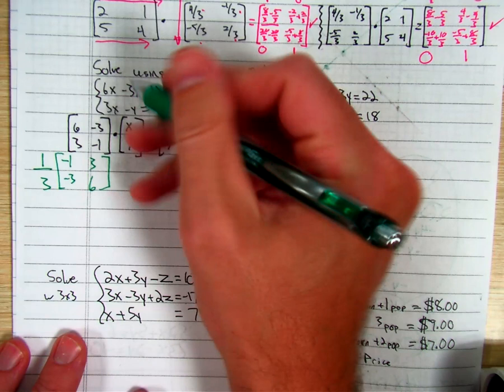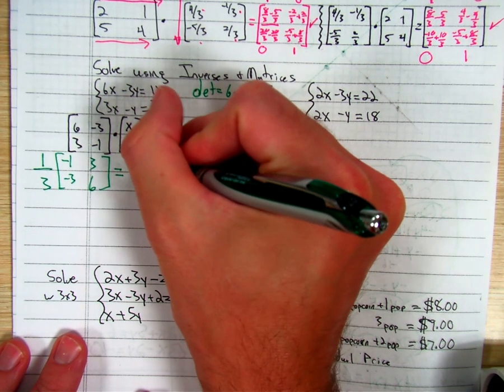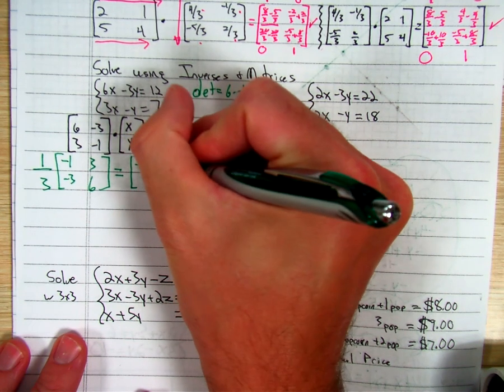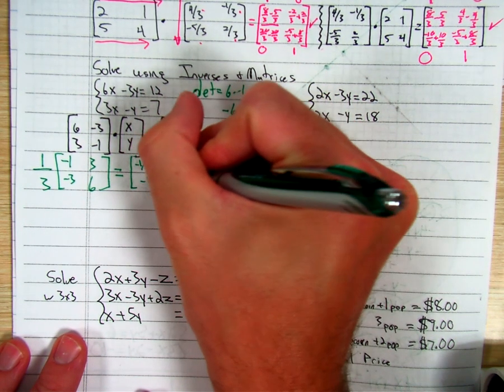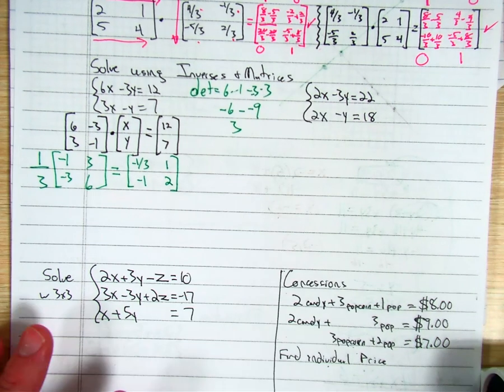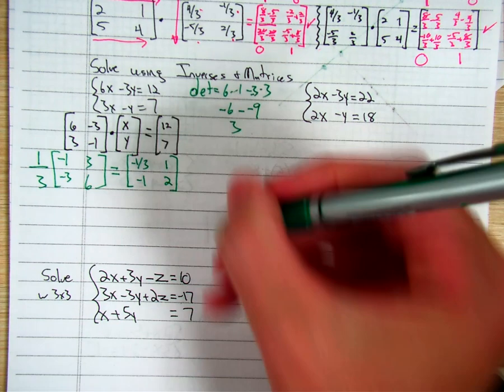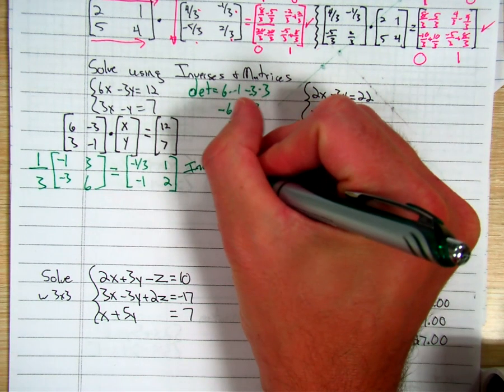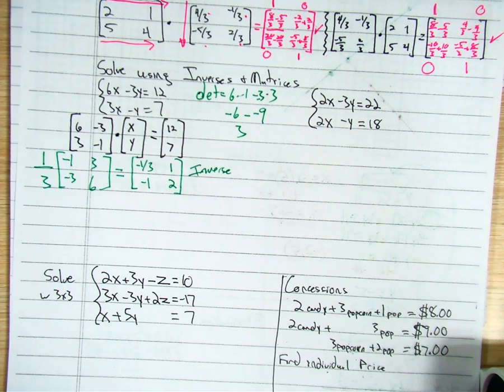And then we multiply that 1/3 in. Negative 1/3, 1, negative 1, 2, and that is the inverse. And now we're going to put that in the front on both sides of the equal sign.